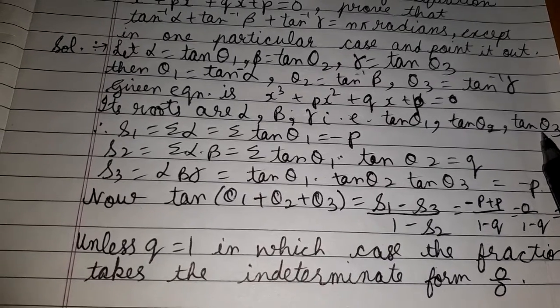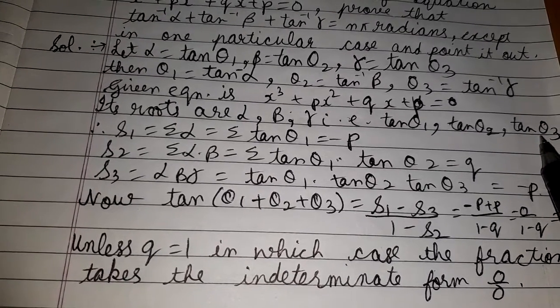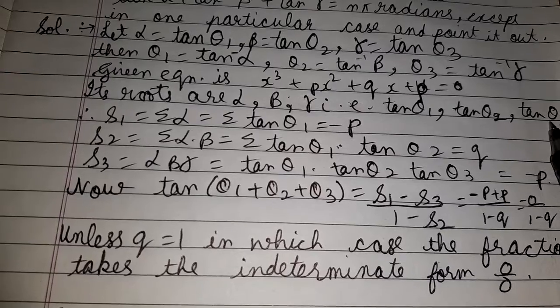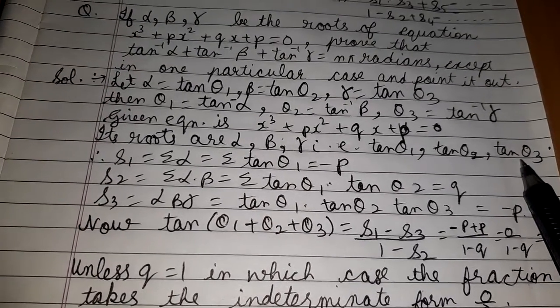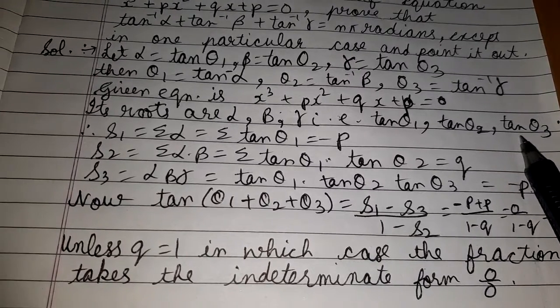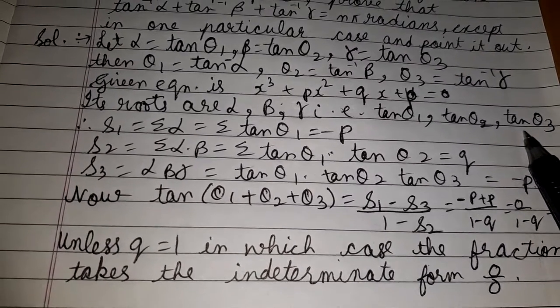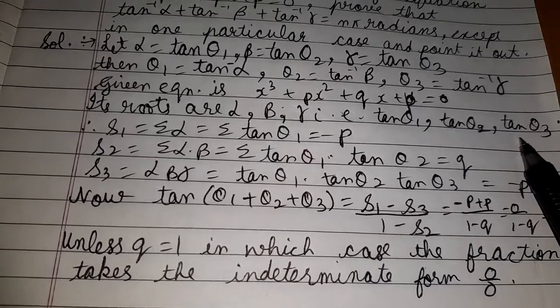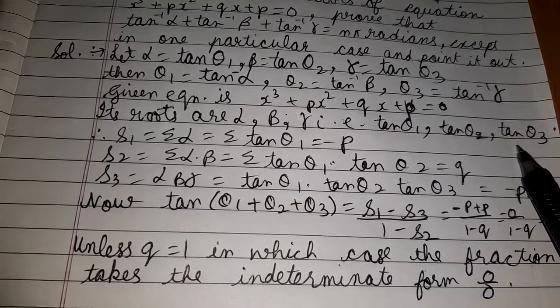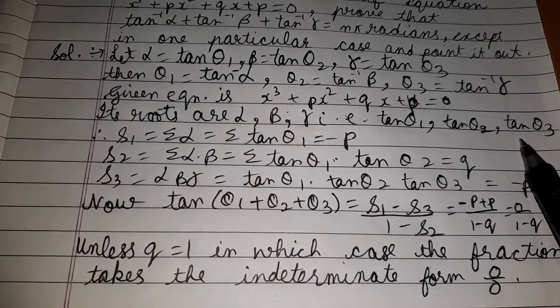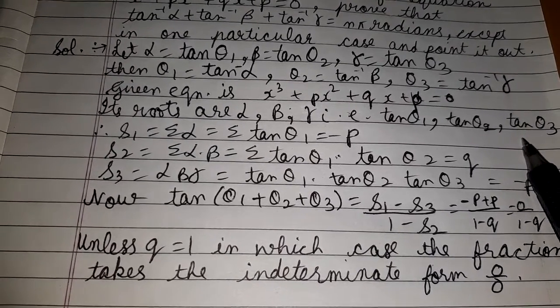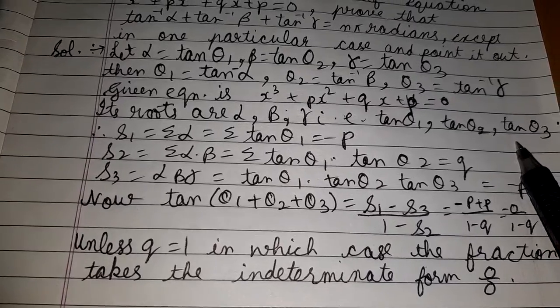I hope you all remember, if the equation is quadratic, ax square plus bx plus c equals 0, and if the roots are alpha and beta, then the sum of roots, that is alpha plus beta, will be minus b over a. And in case of a cubic equation with roots alpha, beta and gamma, the sum of roots, alpha plus beta plus gamma, will again equal minus b over a.